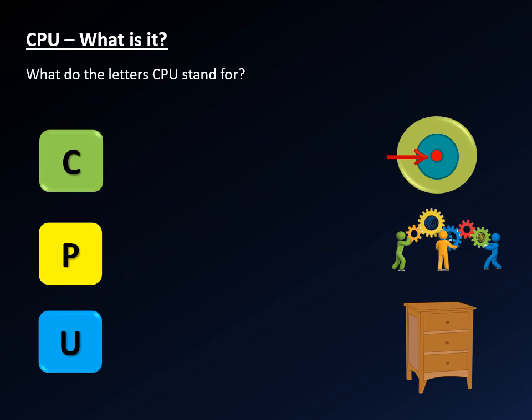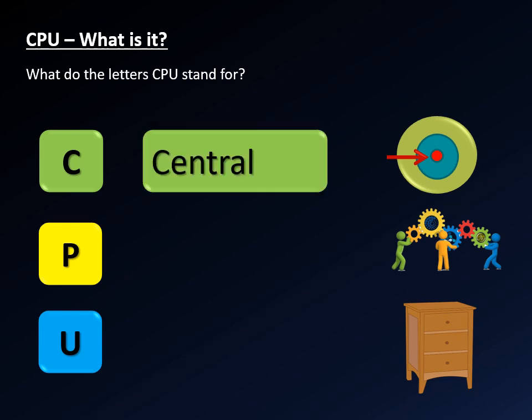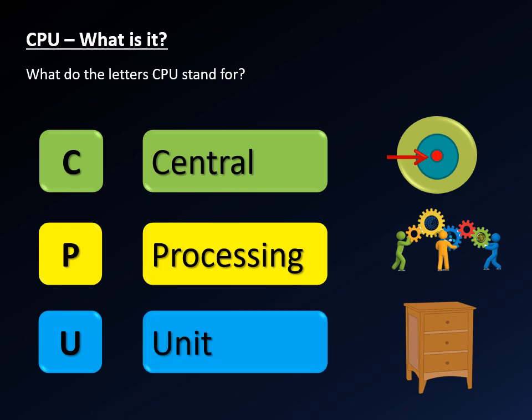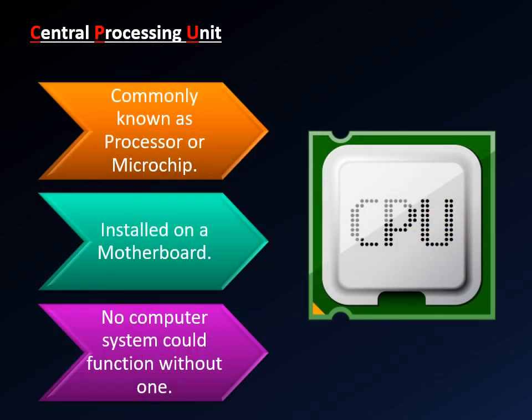CPU, what is it? What do the letters CPU stand for? C, central. P, processing. U, unit. Central processing unit.